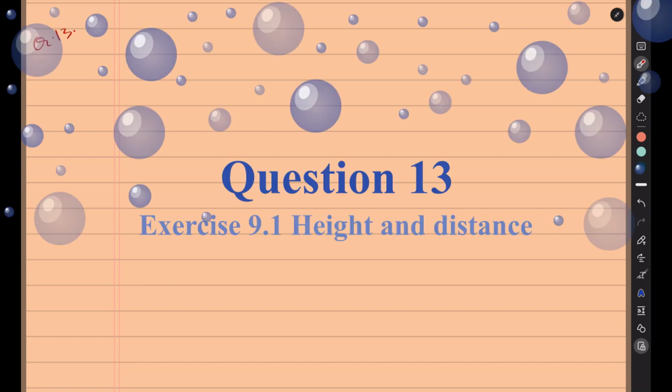Can we take just one last example for the height and distance? Next question. As observed from the top of a 75-meter high lighthouse from the sea level.